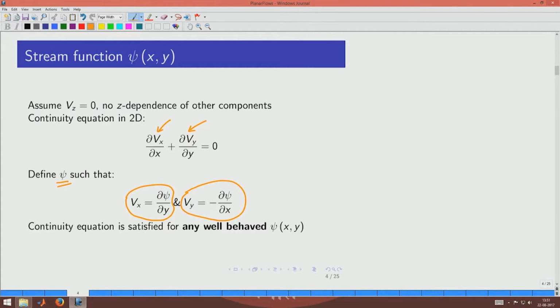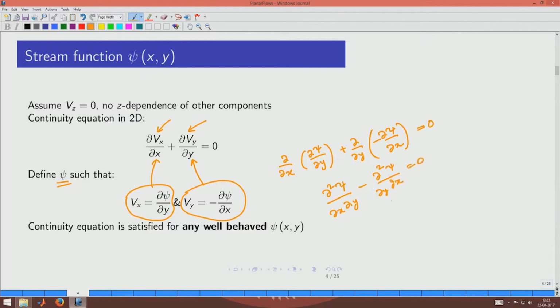So, what happens when we do that is, when we then plug in to the continuity equation, then you could see that the first term would become dou by dou x, and then the Vx actually is dou psi by dou y, and then the second term is dou by dou y, and Vy is actually minus of dou psi by dou x, and this implies that it is dou square psi by dou x dou y, and here is a minus, and dou square psi by dou y dou x is equal to 0.